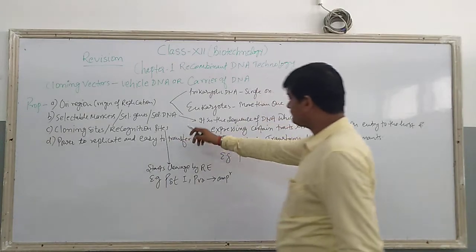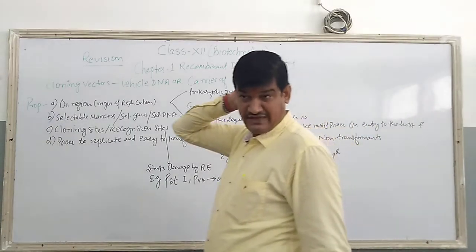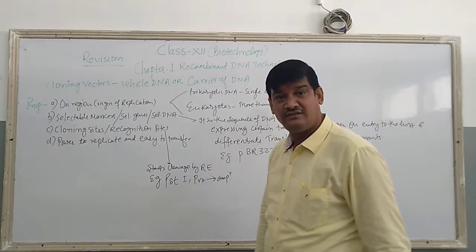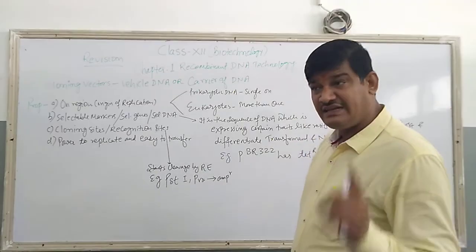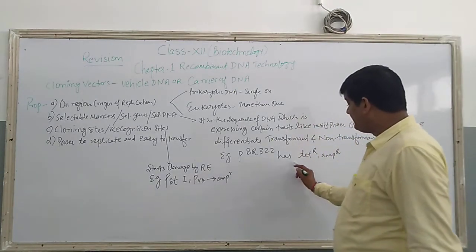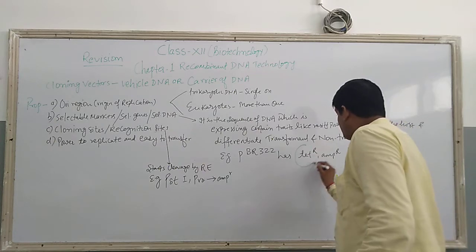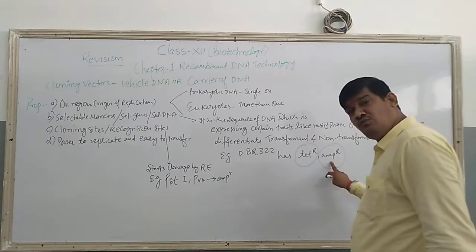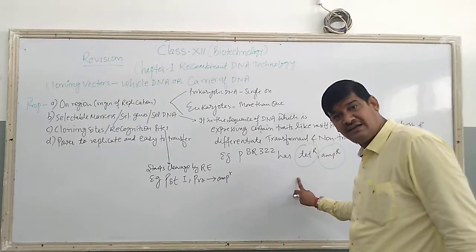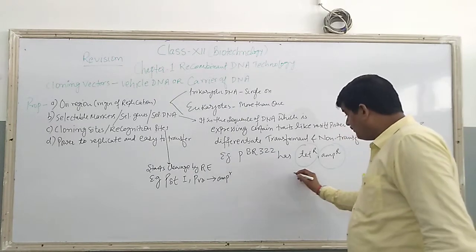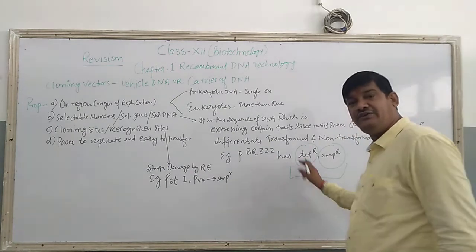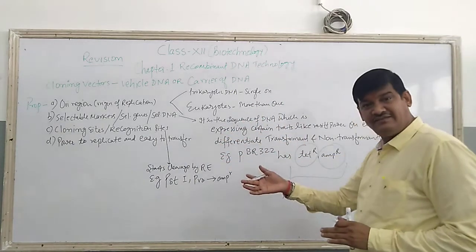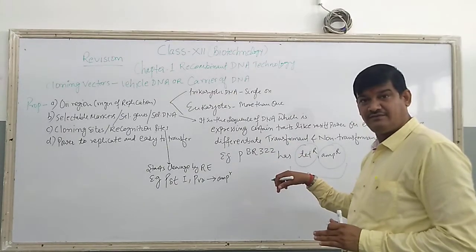For example, if we take the plasmid pBR322, it has selectable markers, that is, the tetracycline resistant gene or DNA and the ampicillin resistant gene. So these two are the selectable markers or selectable genes. When these two are introduced into another host, they express the properties which they possess.